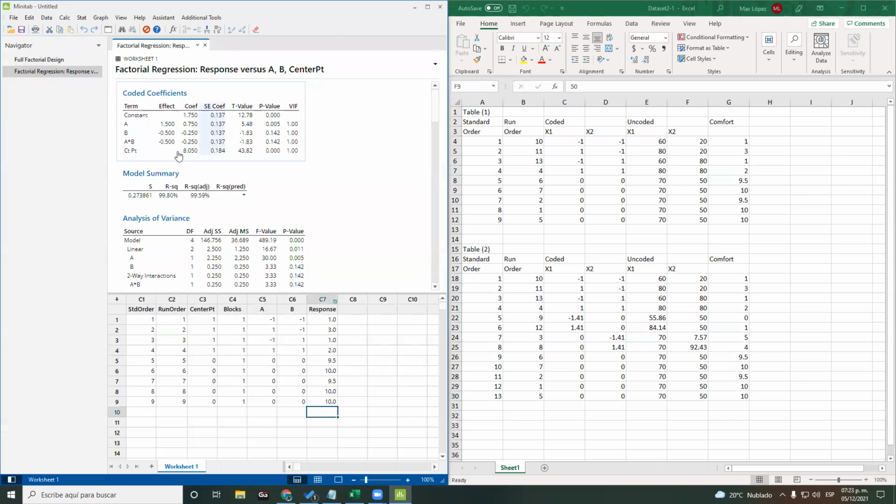In the coded coefficients table, we can see that the factor with the bigger effect is factor A with 1.5, and factor B and the interaction AB are the same, minus 0.5. Here in our model summary, we have a very good standard deviation, I would say, 0.27. We have a pretty nice R squared and R squared adjusted.